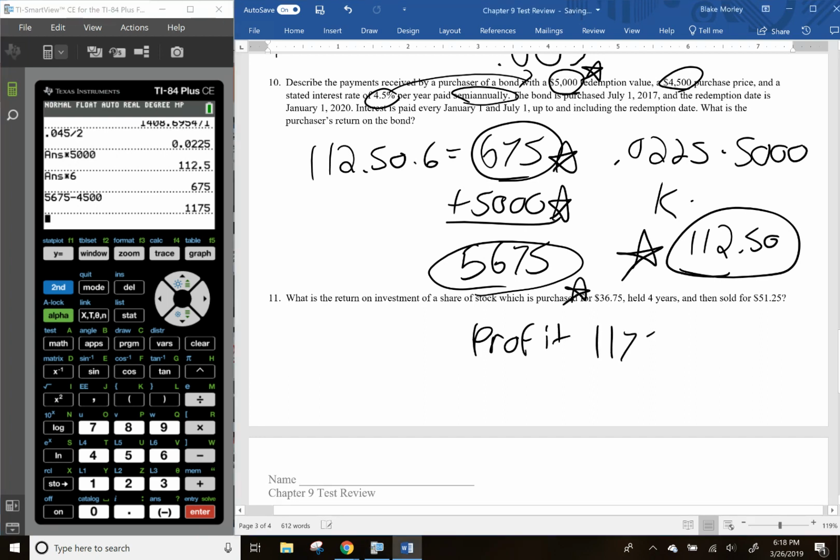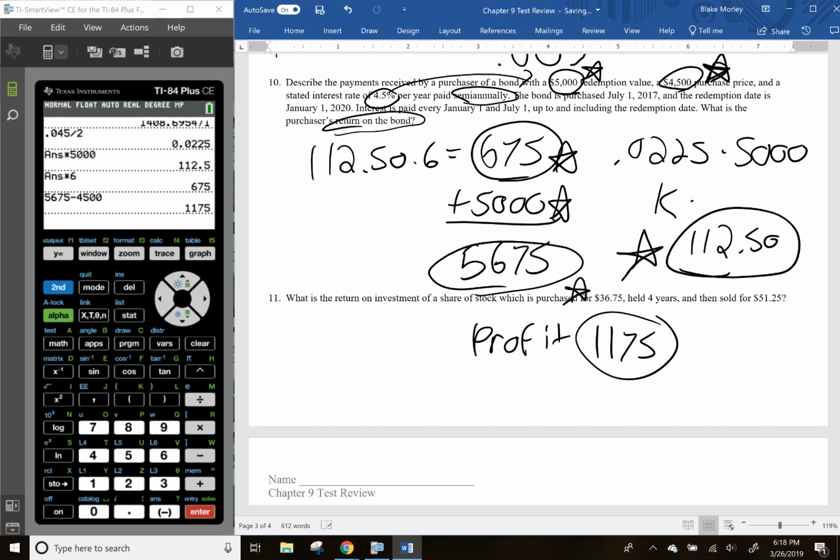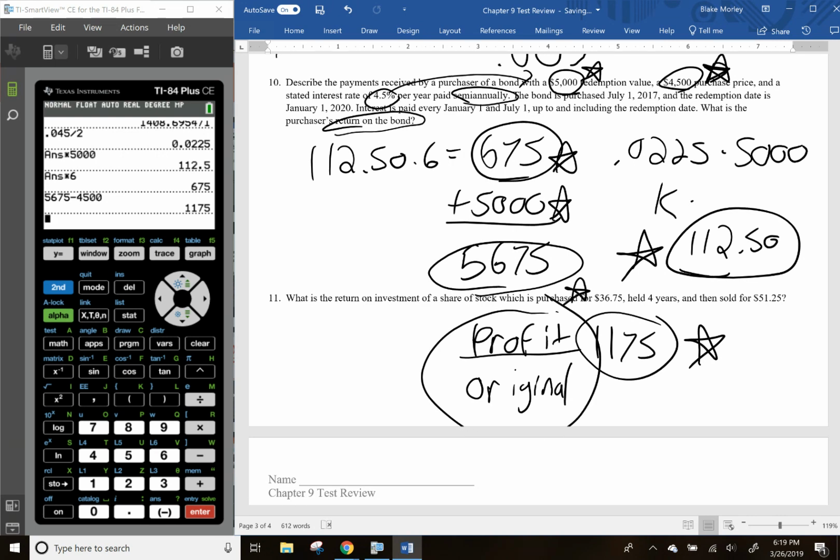Now our goal is to find out what is the percentage of that to our original 4,500? So every time you want to find your rate of return, you're going to take the profit you made and divide it by your original deposit or original amount, whatever it is. It's always going to be how much you profit divided by its original amount.